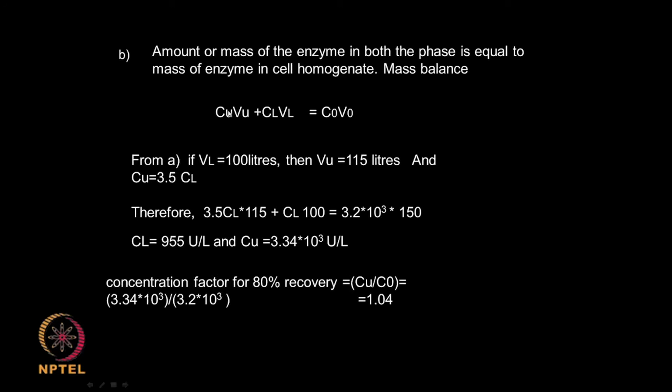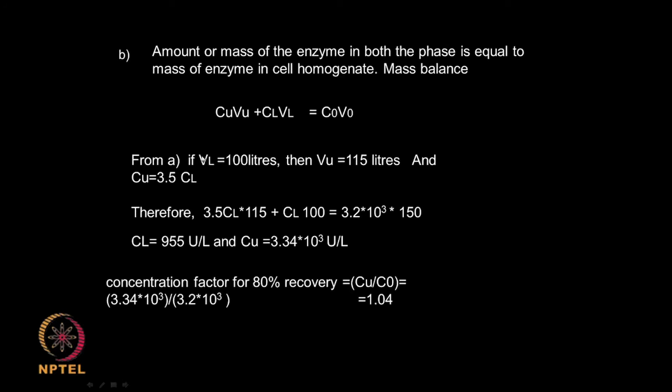Therefore, I substitute here 3.5 Cl into 115 plus Cl into 100 is equal to 3.2 into 10 power 3 into 150. So, Cl is equal to so much and Cu is equal to so much, okay. That is concentration of the enzyme in the upper, concentration of enzyme in the lower, okay. So, concentration factor for 80% recovery, I will just do Cu by C naught, that becomes 1.04, that is Cu divided by C naught is given here, okay, 3.2. So, I get 1.04 value.